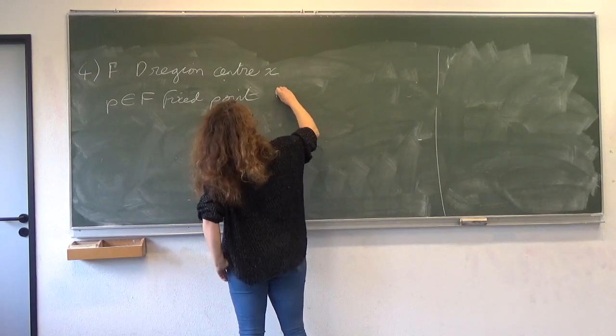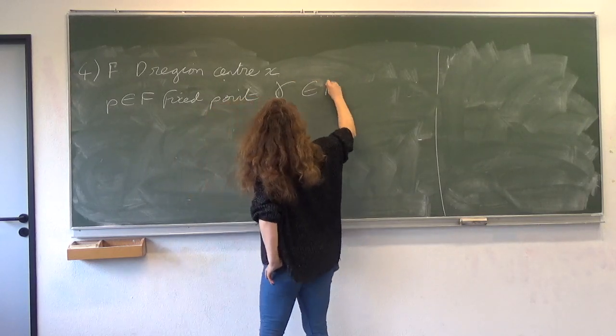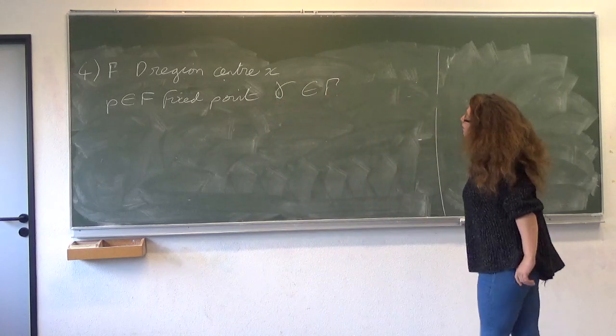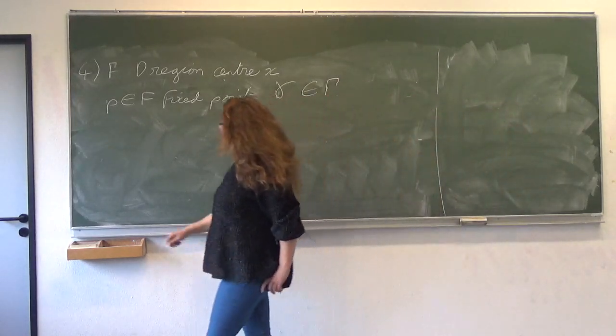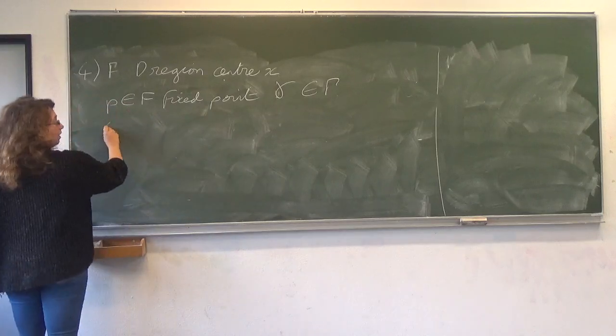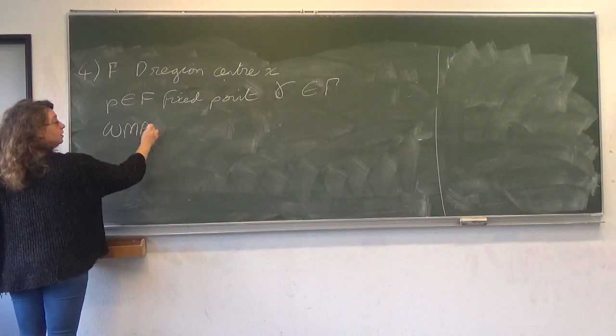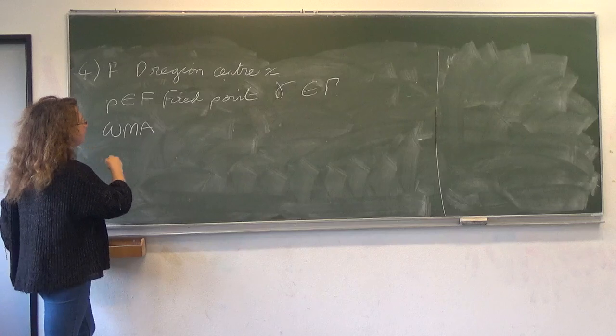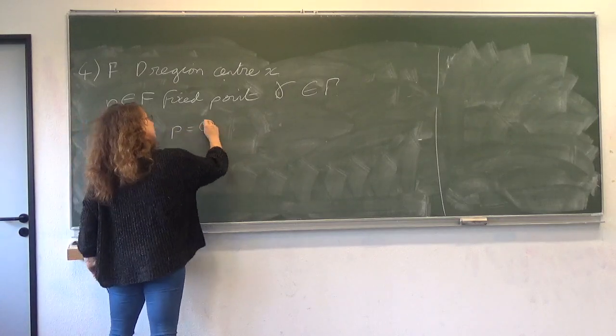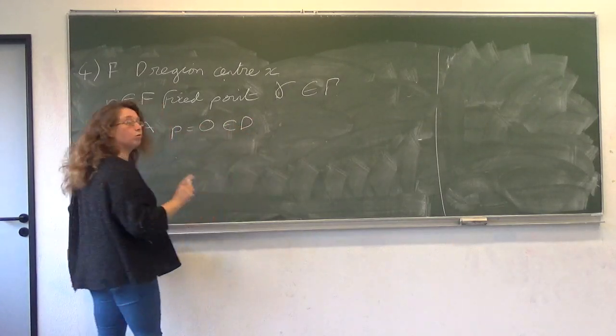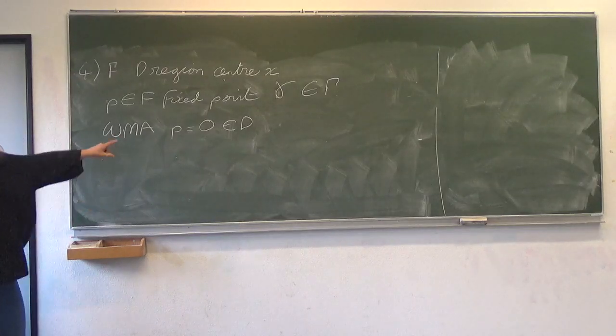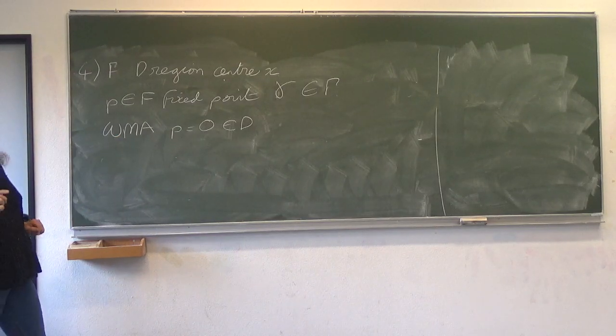I'm going to call it gamma in Delta. Now I'm going to suppose that I'm in the Poincare disk model and that P is 0. I'm going to choose this so that the lines leaving P are actually Euclidean lines.